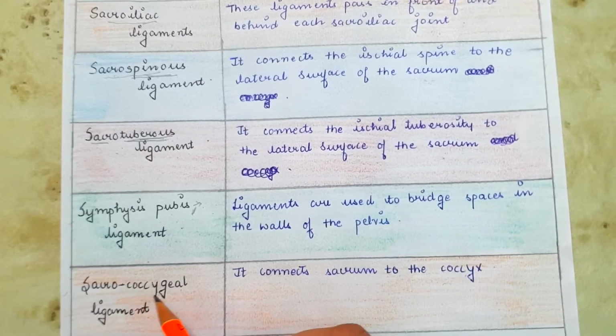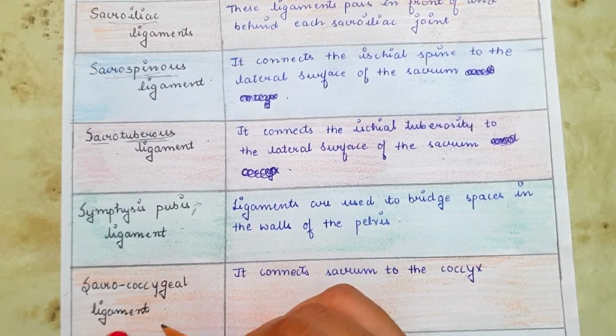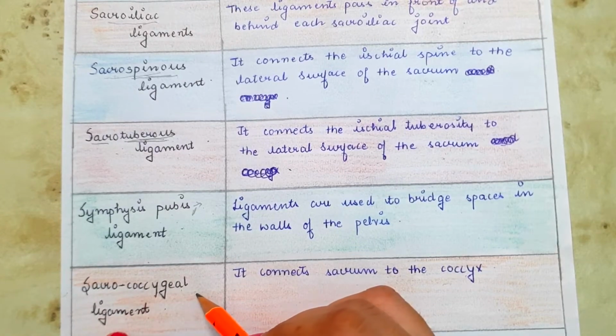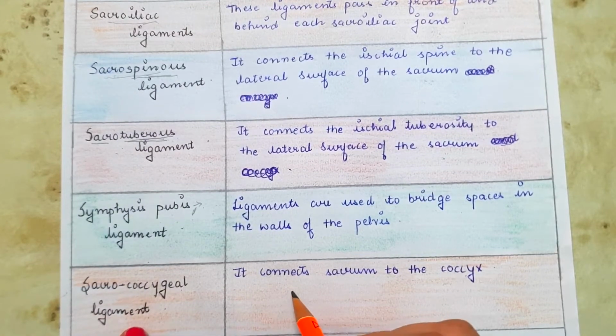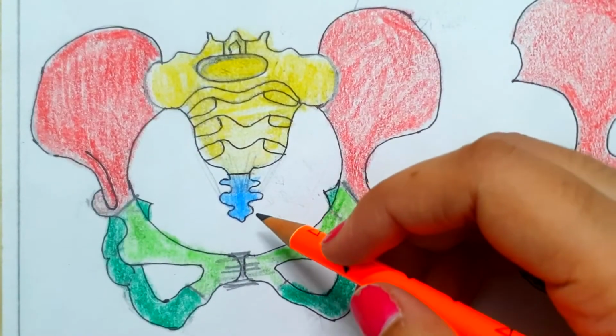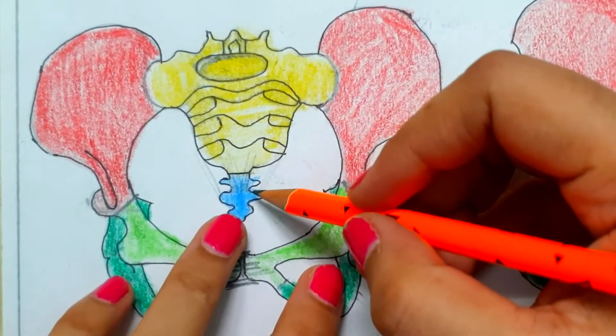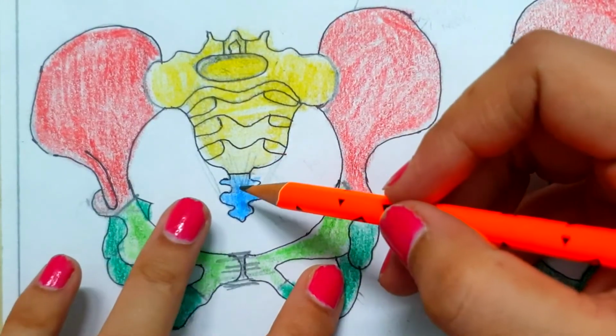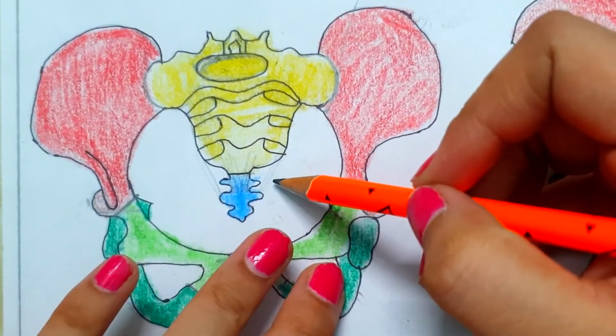And the last one is the sacrococcygeal ligament. As the name suggests, it is the ligament present around the sacrococcygeal joint. This ligament connects the sacrum to the coccyx. The sacrococcygeal ligament is present anteriorly as well as posteriorly.